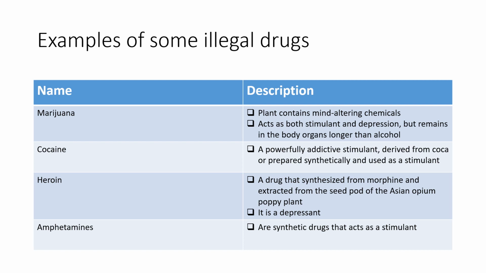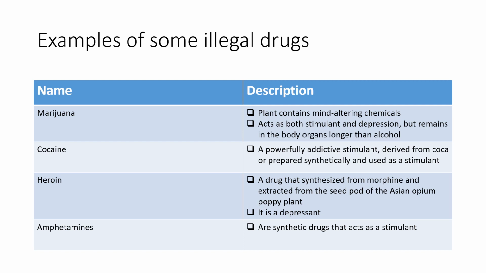Okay, here are some examples of illegal drugs. The first one is marijuana. Marijuana is a dried plant from an herb plant.